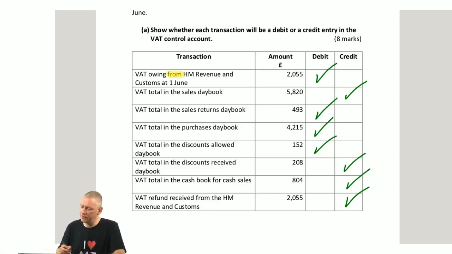Bit of reg we have. They owe us. Oops, a bit close. They owe us. Therefore, it's a debtor.